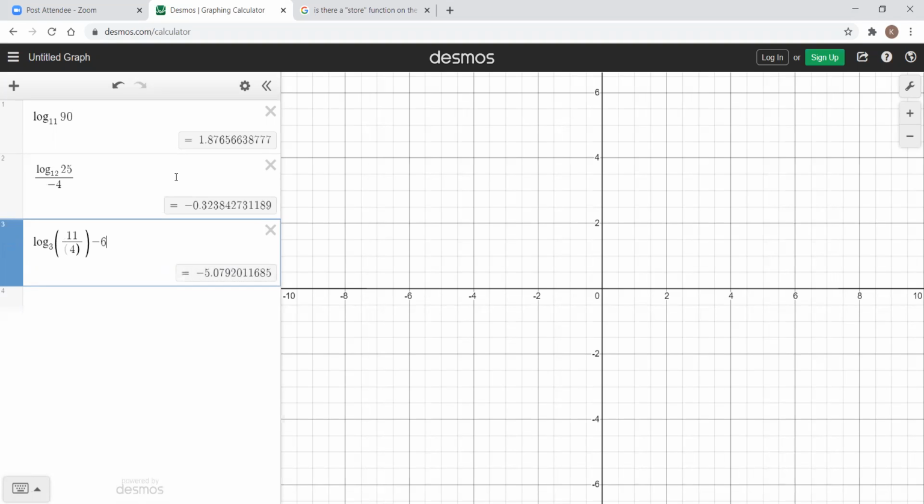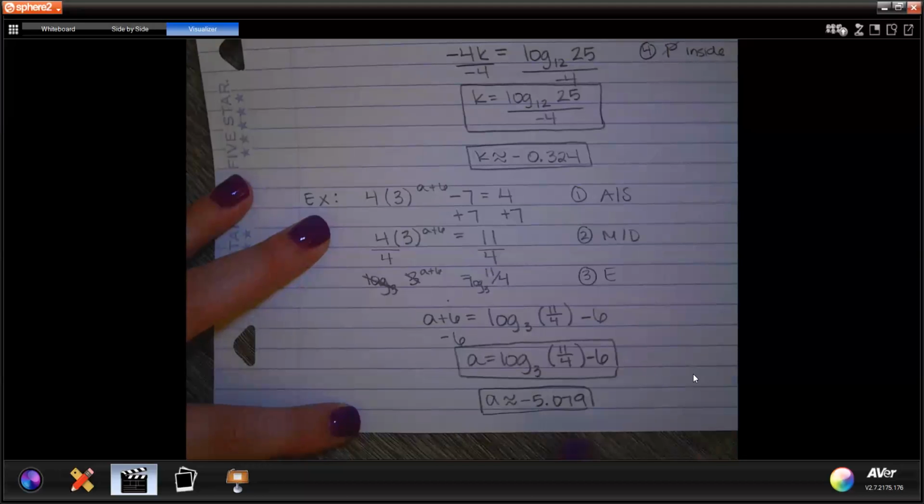So a is approximately negative 5.079. And that is my approximate answer. I'll go ahead and show you what I wrote. I did a little squiggly equal sign right there.